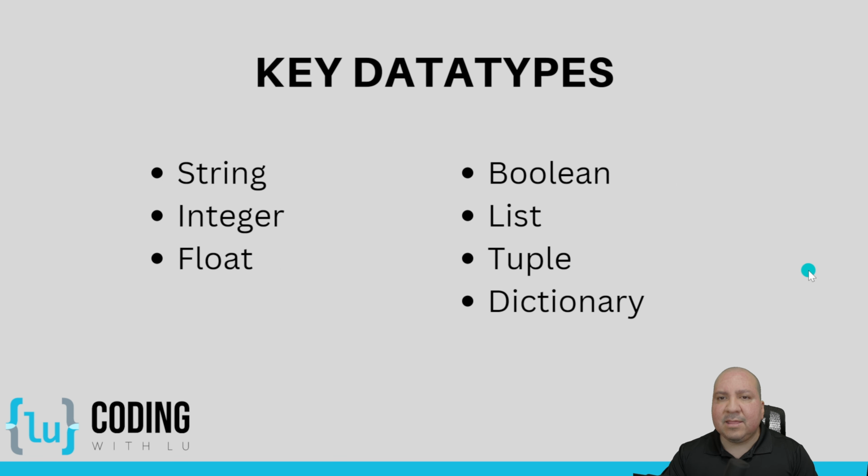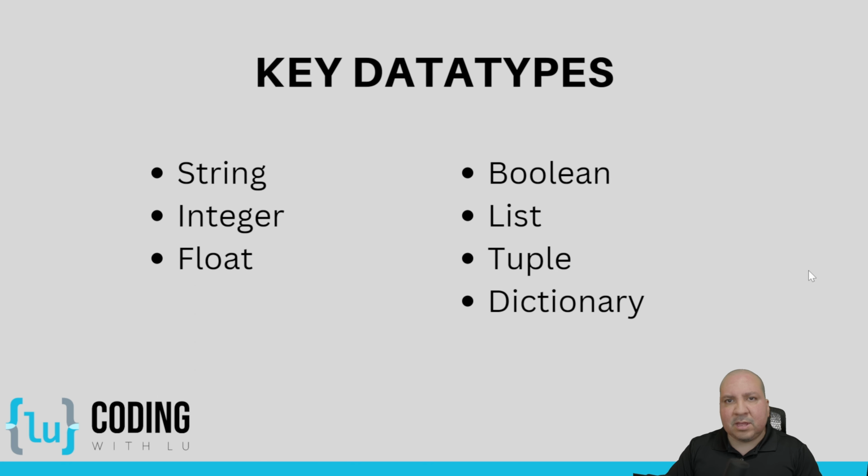You just assign your value, and it knows it's a string, or an integer, whole numbers, and so forth. So next, guys, let's review some of the key data types that exist in programming. In this case, Python specifically, but these data types are pretty consistent in other languages as well. There are some different names in other languages for the same type of object, and I'll explain that in a minute.